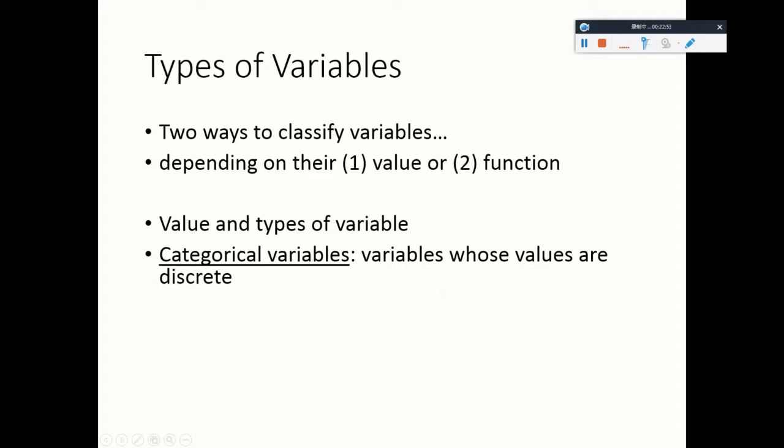First of all, we have categorical variables. Categorical variables simply refer to variables that can only take discrete values.